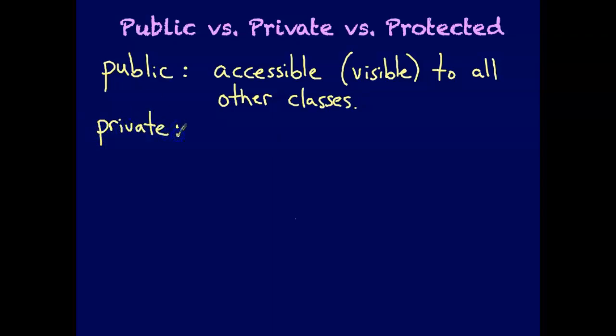The next one we're going to look at is called private. These seem to be opposites, public and private. A private block of code, maybe a private method, for instance, is accessible only to the class in which it is declared. So it can only be used or referenced in the class in which that entity is declared.